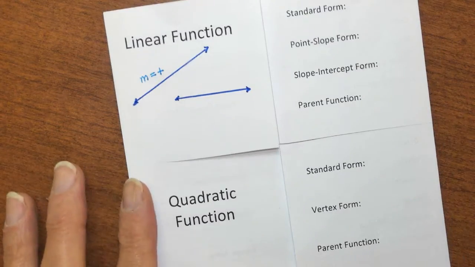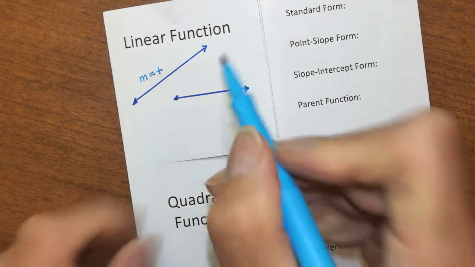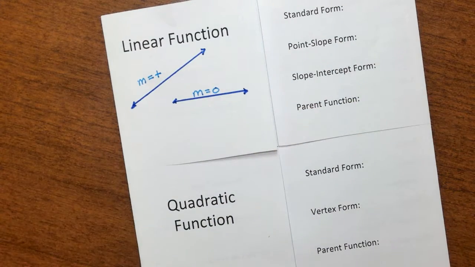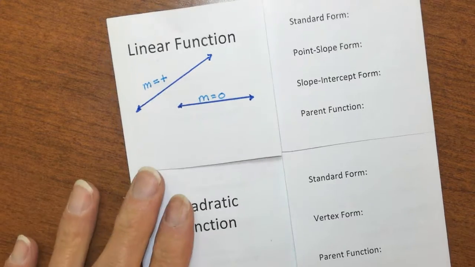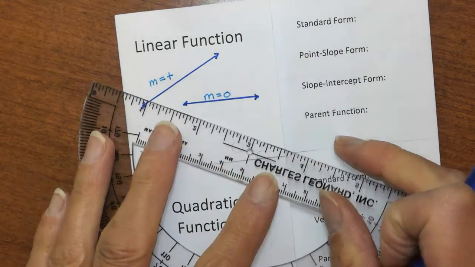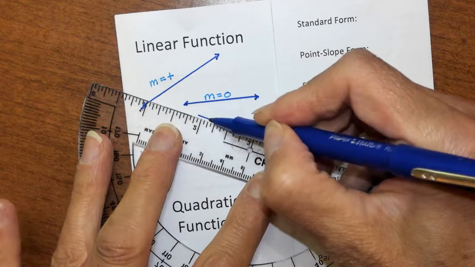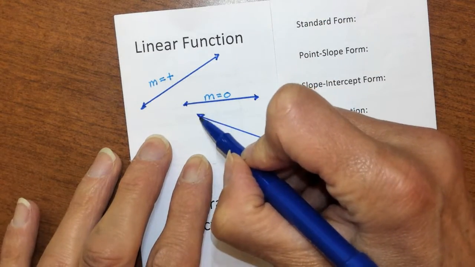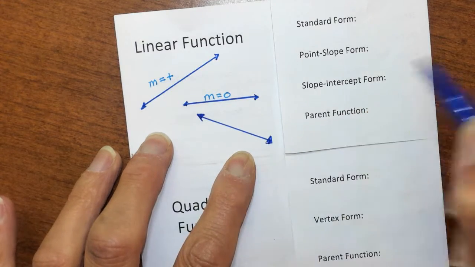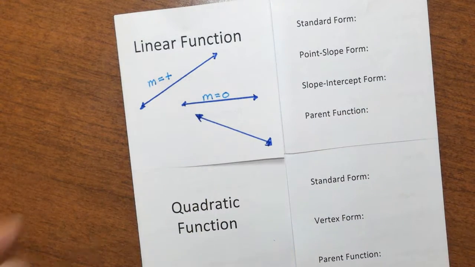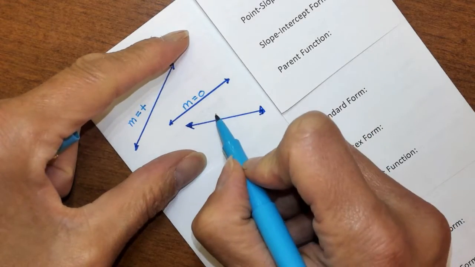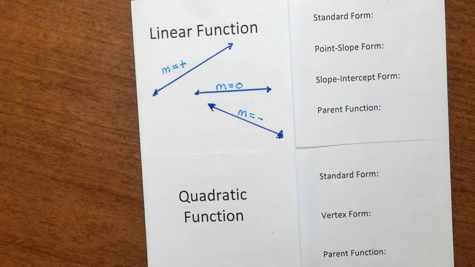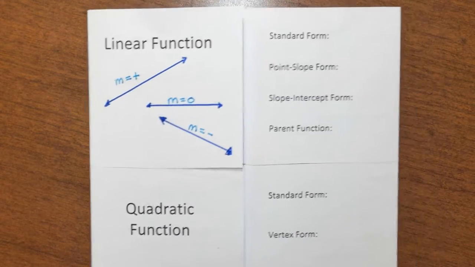So here I would say the slope is 0 because there's no slope. Or I could have a line that goes like that, and that would be a negative slope. So here my slope is negative. So 3 possibilities there for slope.